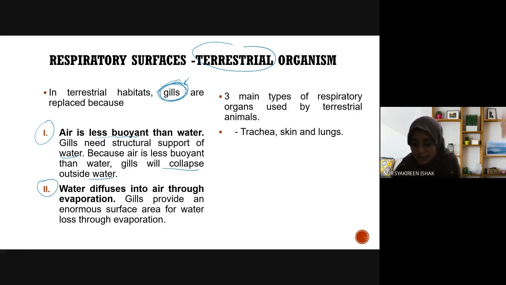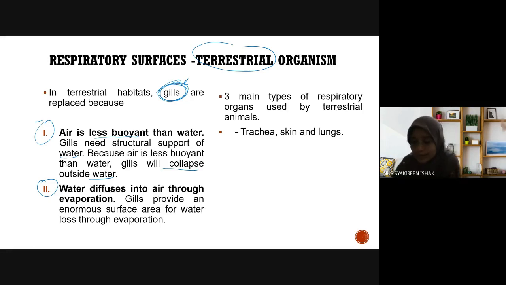So this one is really not efficient. Okay, so gills is really not efficient for terrestrial organism. Okay, so for terrestrial organism, so orang ingat dua faktor ni, why gills is not suitable. Okay, it's not suitable for terrestrial organism.